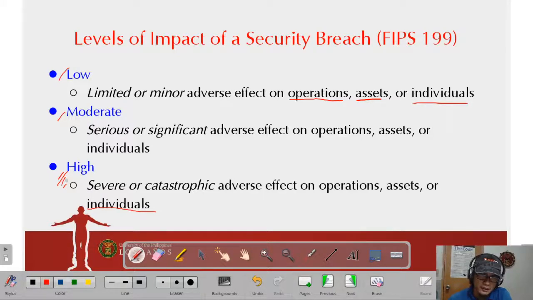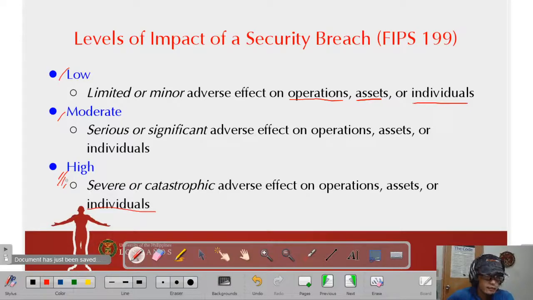So imagine, when you say ransomware, it's a form of malware wherein it encrypts the entire system, and you can only decrypt the system if you pay a certain sum of usually cryptocurrency to the attacker, and then they will give you the key and your system will be restored back to its normal operation.